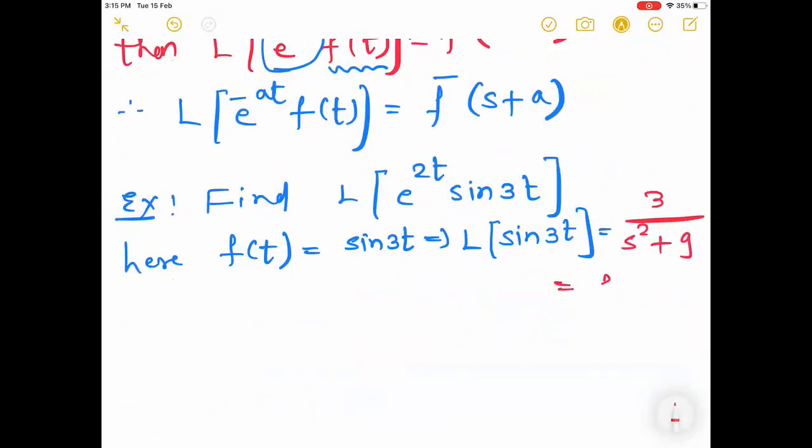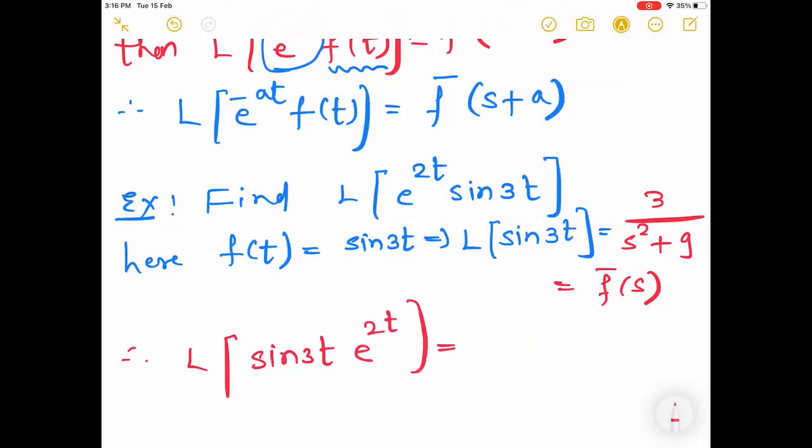This is your f of s function, actually f bar s. And therefore, when you multiply this sine 3t with e raised to 2t, what change do you have to make in the f bar s function? You have to write f bar of s minus a. What is a here?